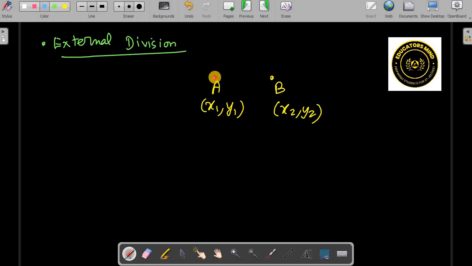Externally means if you join this line AB, the point will be outside this line. That means you can take the point P here. This is the point P, and the ratio AP is to BP will be m is to n.